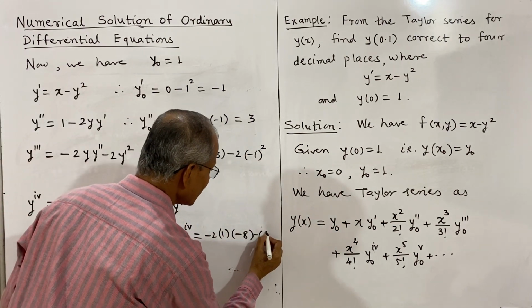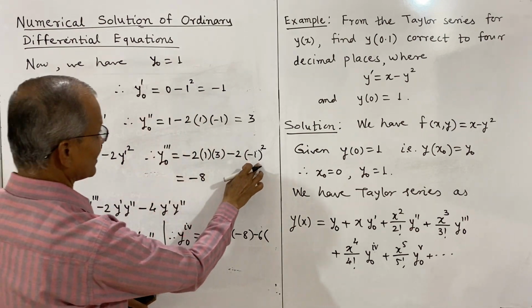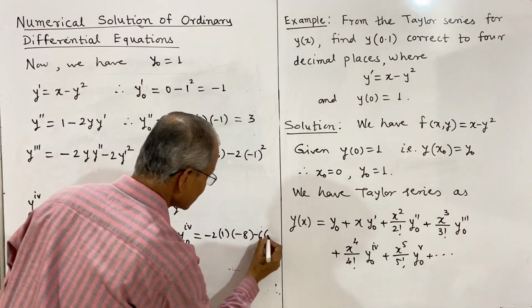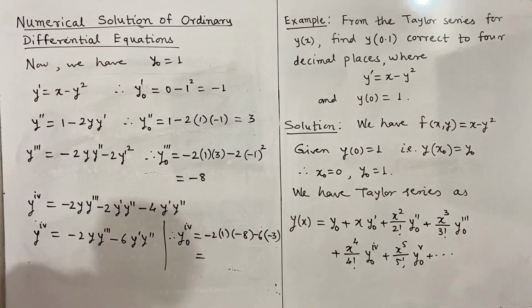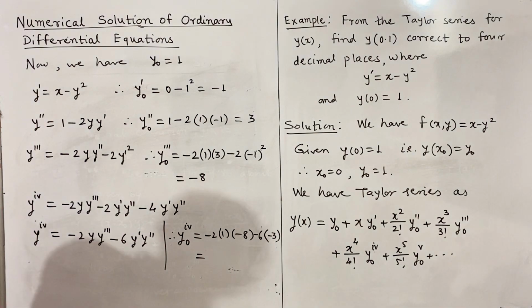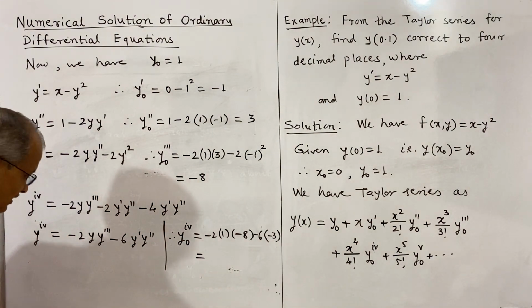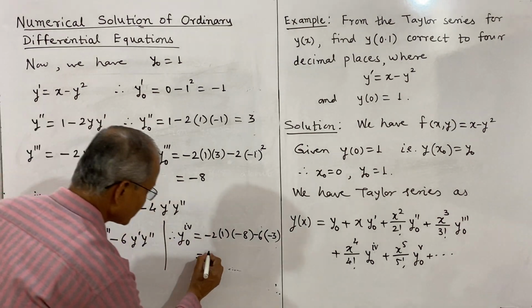So minus 1 into 3, the product of these two, I shall write directly, that is minus 3, and if you see the calculation, it is minus 2 into minus 8, that is 16 plus 18. So 16 plus 18, that is 34.